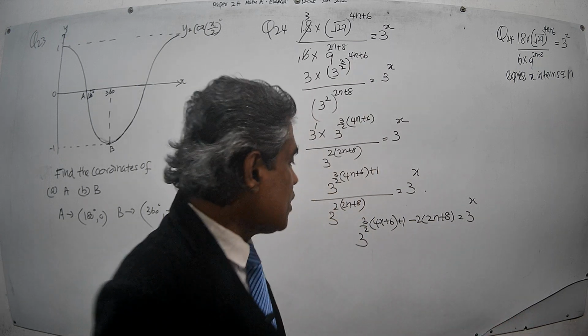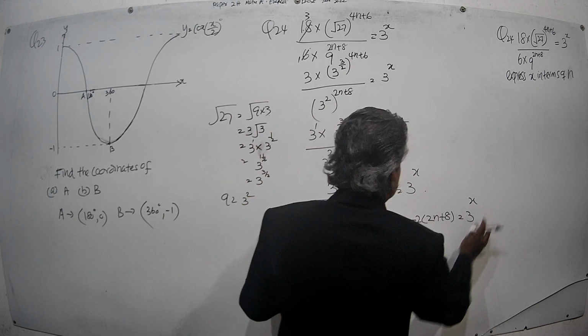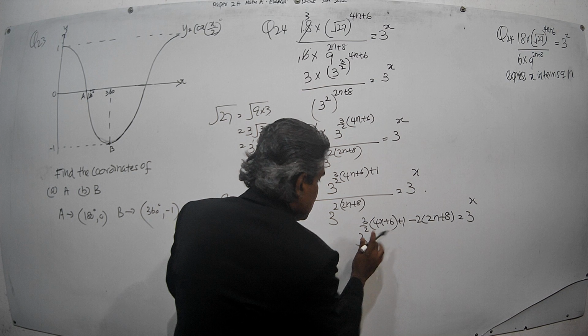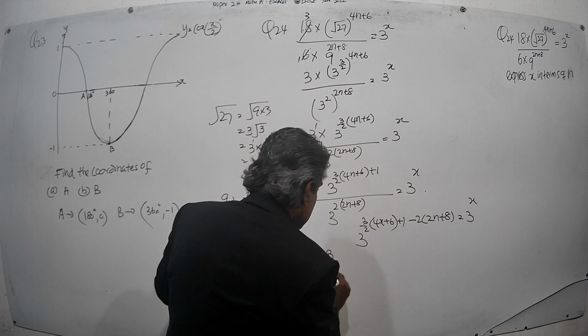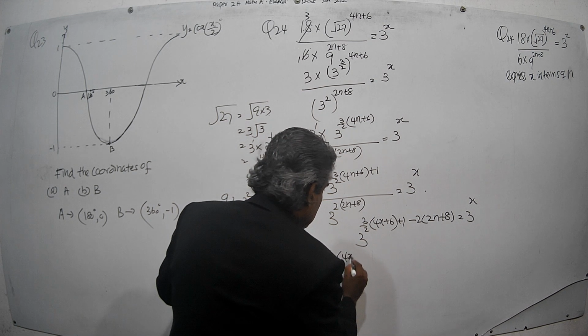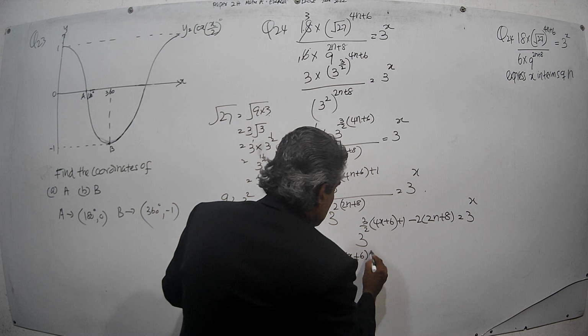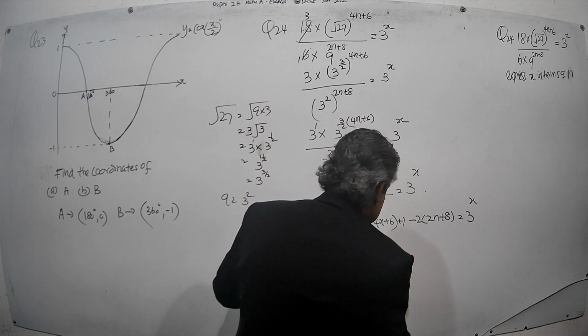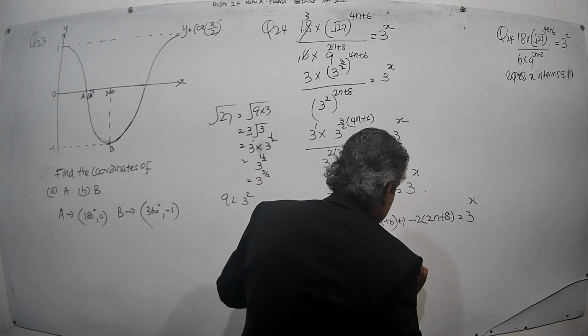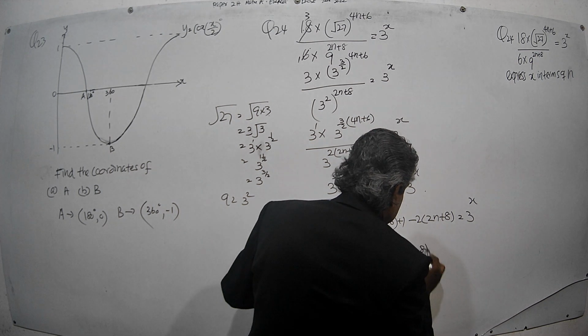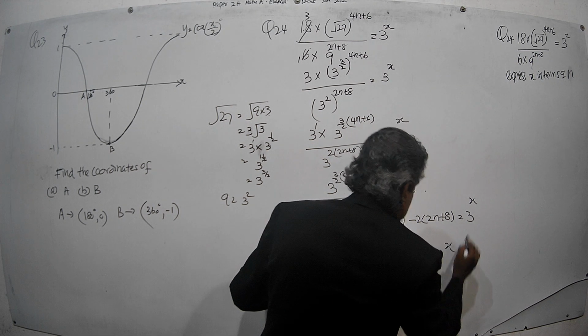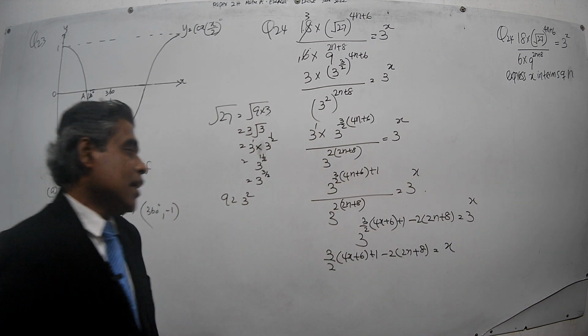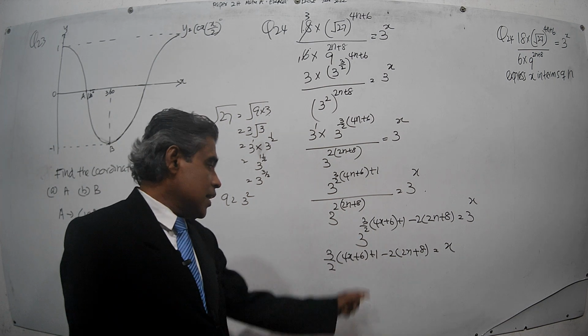Then powers are equated without any problem here like this. Take the power of this one, that is 3 over 2 times 4n plus 6 plus 1, then minus 2 times 2n plus 8 equals this x. Right? We now have expressed x in terms of n.